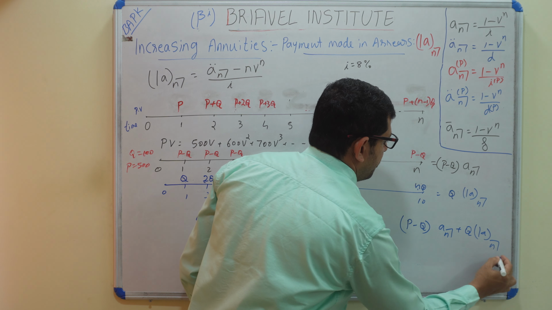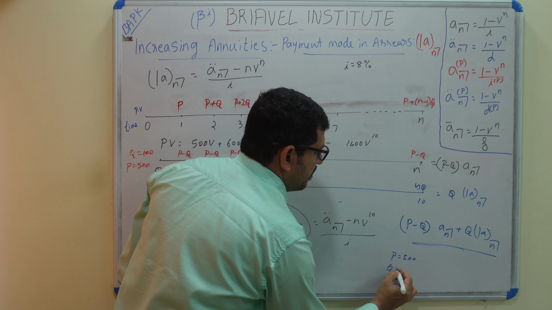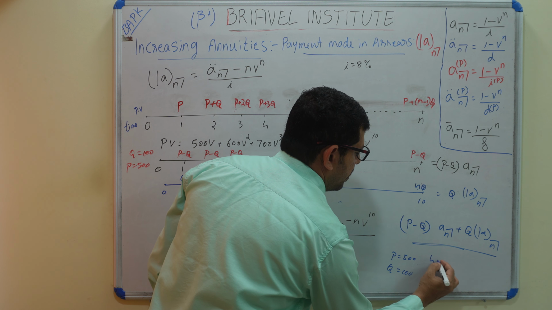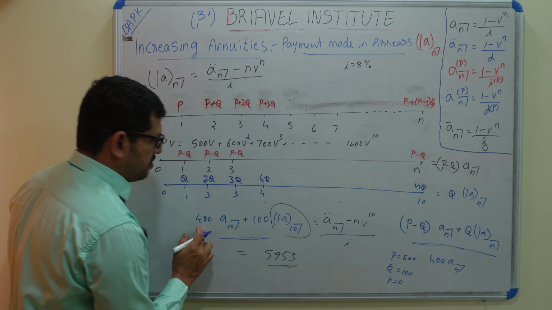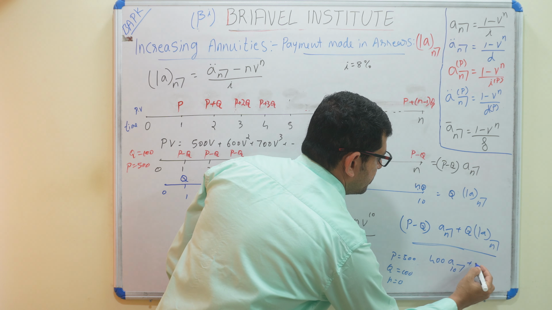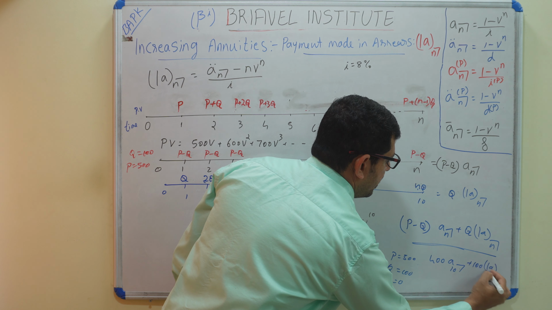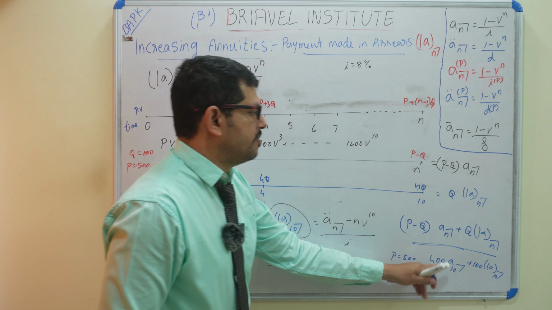So this type of formula we can directly apply here. Here P is equal to 500, Q is equal to 100. So we got 400, N is equal to 10 in the previous problem. So I got A10 plus Q, which is 100, IA10.